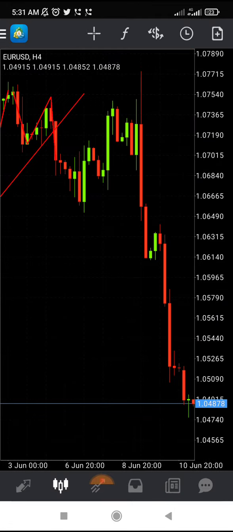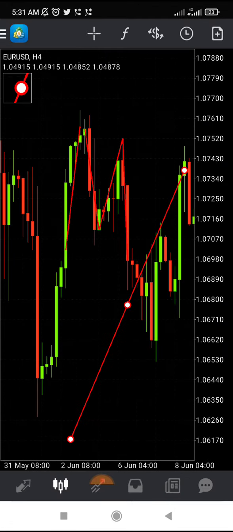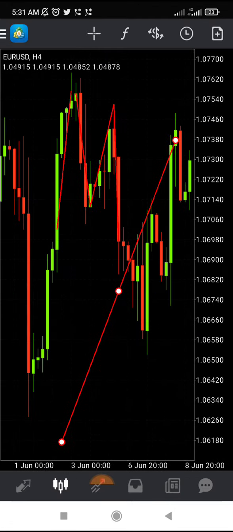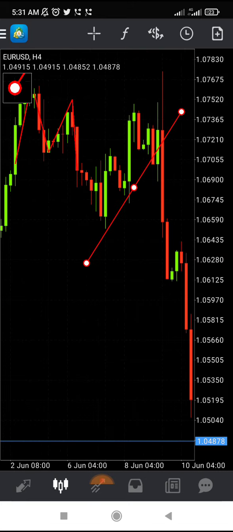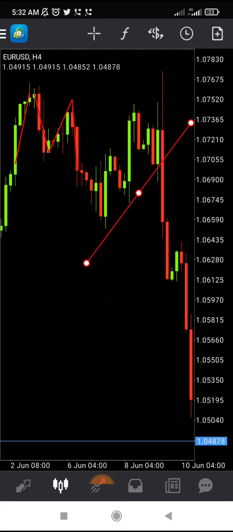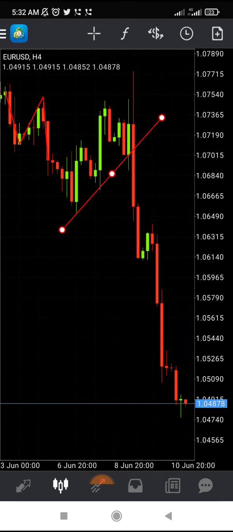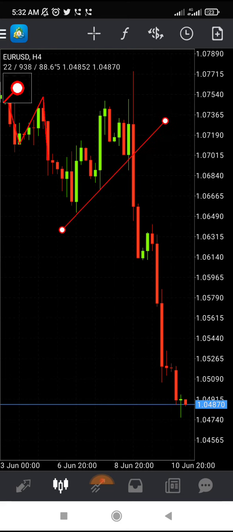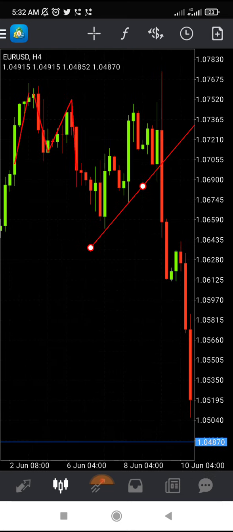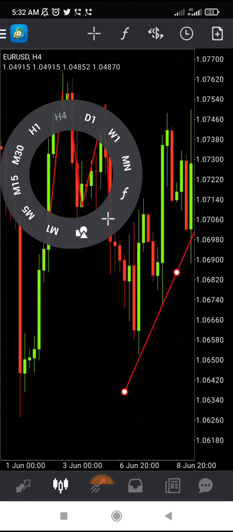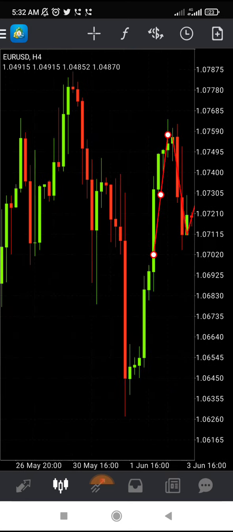So the final setup here is this. Look at it here. I want to connect two points.